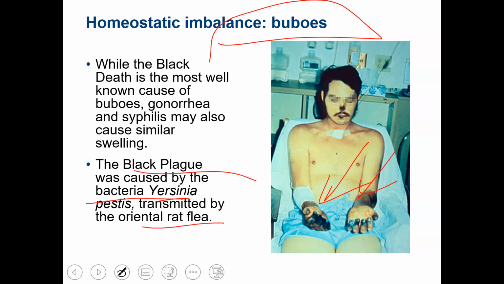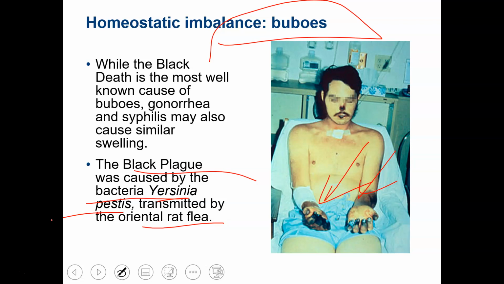There are several different forms of plague, all caused by the same bacteria. There's bubonic, there's pneumonic in the lungs, and then there's septicemic in the blood. The good news is that the bubonic form of this had the highest rate of survivability.